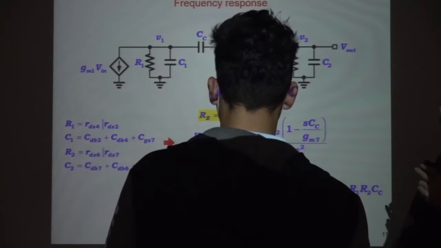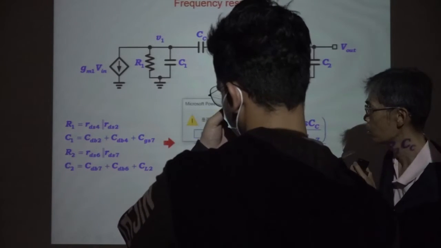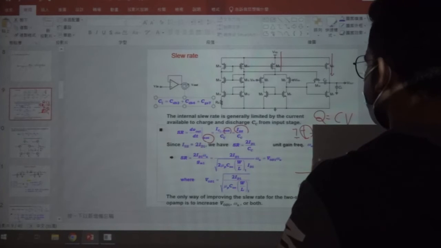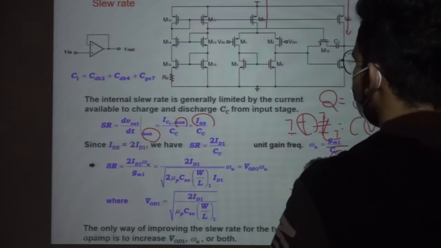Can you copy this equation? Okay. Explain why C1 equals those three capacitances.